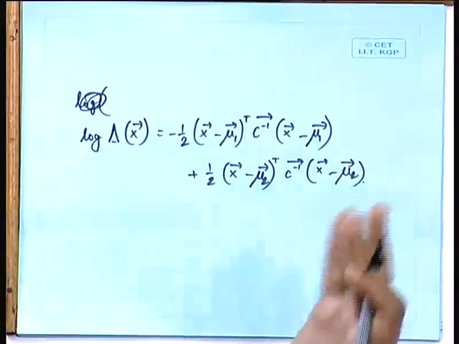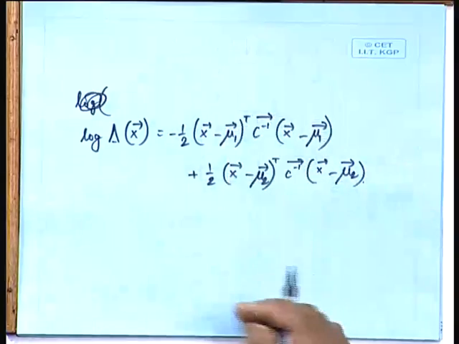So, the mu 2 term, and from that we subtract the mu 1 term. Simply the ratio of f x x given C 1 and f x x given C 2, taking the logarithm of both the sides.